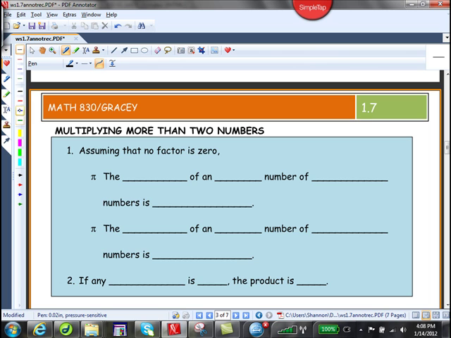Okay, well now, what if you're multiplying more than two numbers? If none of the factors is 0, the product of an even number of negative numbers is positive.